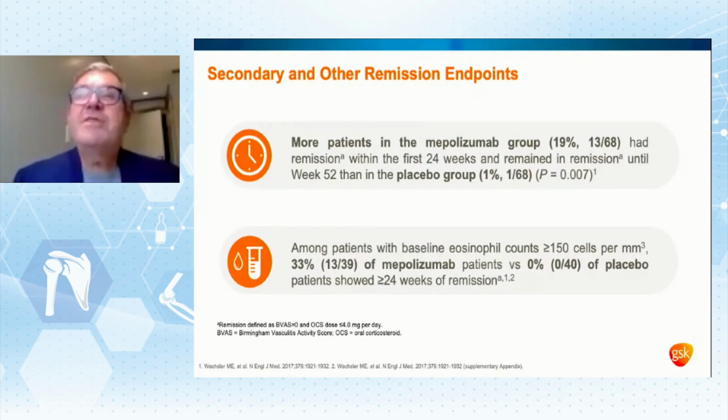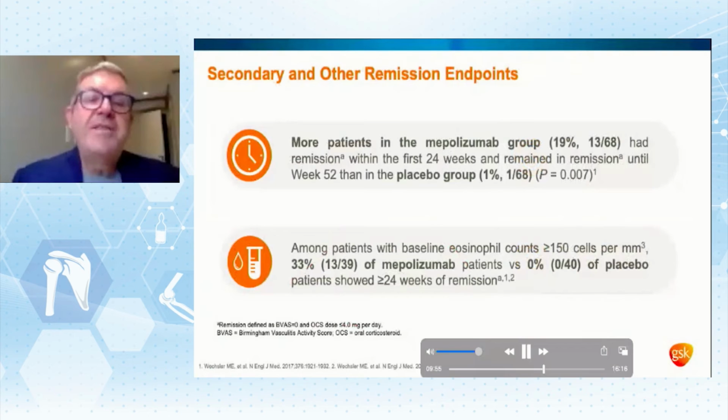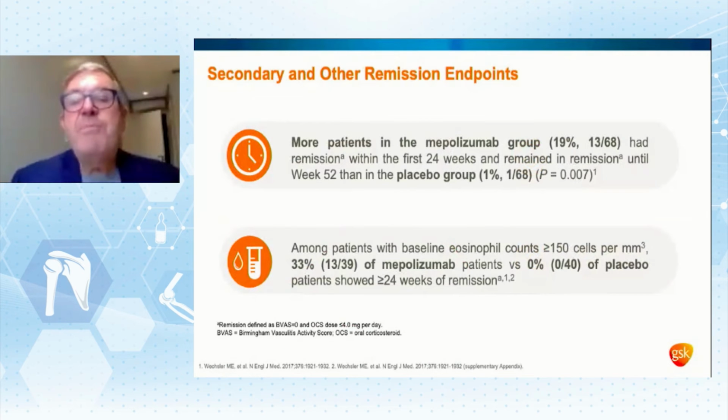So there is a huge difference: achieving a remission and also maintaining it for 24 weeks. Among the patients with an eosinophil count higher than 150, 33% on mepolizumab against 0% on placebo showed remission for 24 weeks or more.